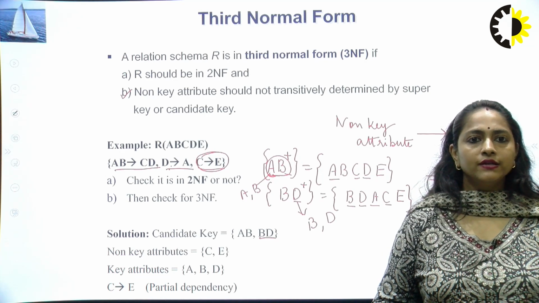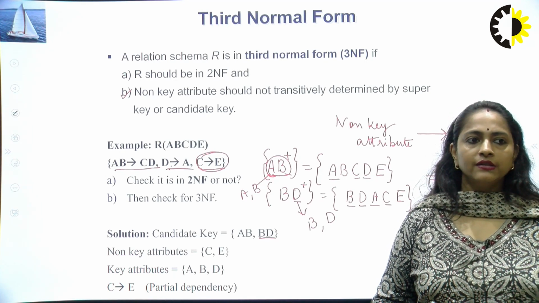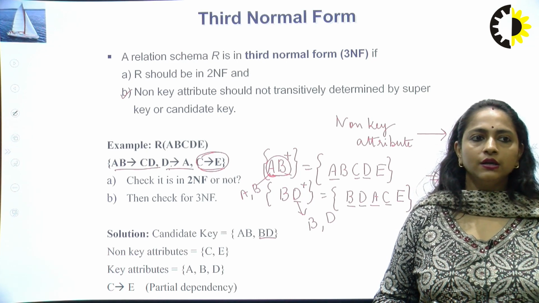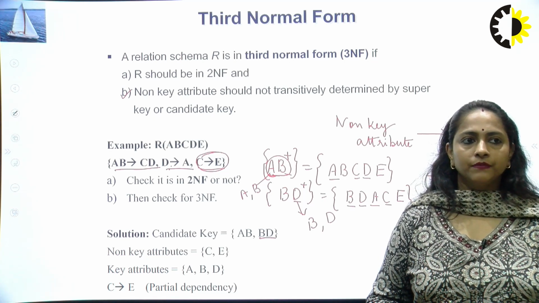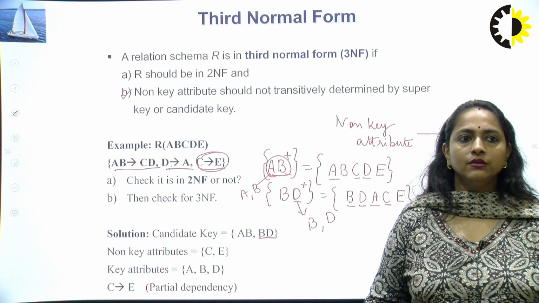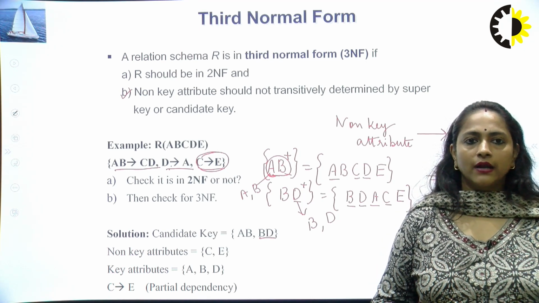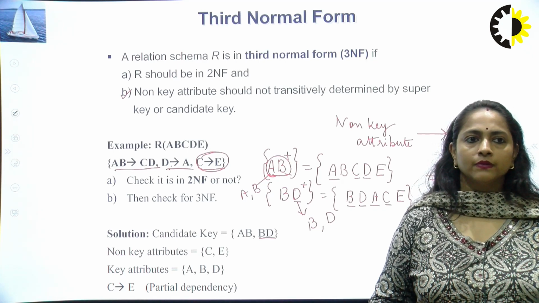So this violates the condition for the third normal form, and therefore the given relation schema is in second normal form, not in the third normal form. That is, the highest normal form is second normal form. Thank you.